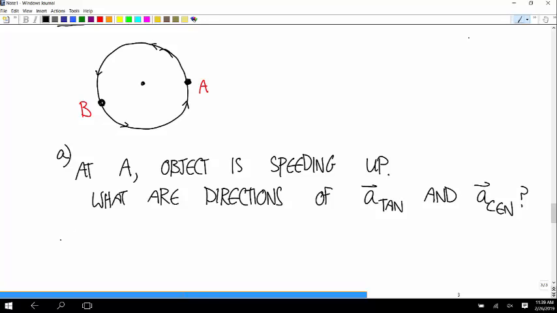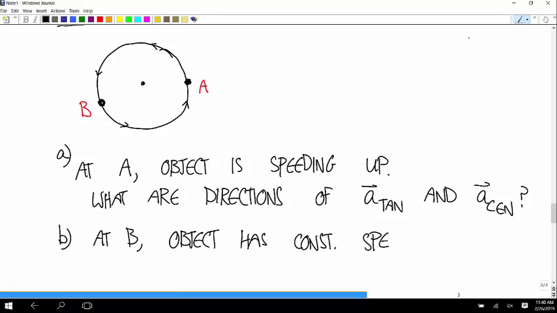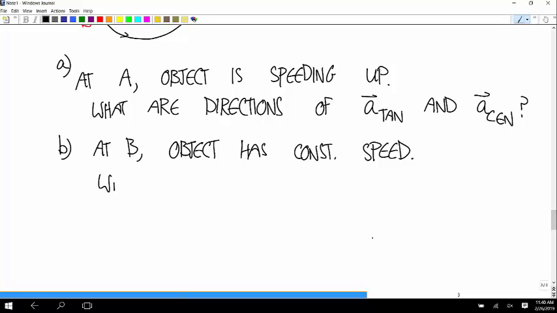And then for B, at that point B, the object has constant speed. What are the directions of the tangential and centripetal acceleration?